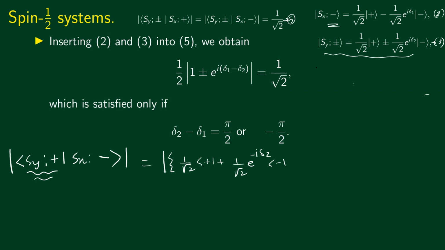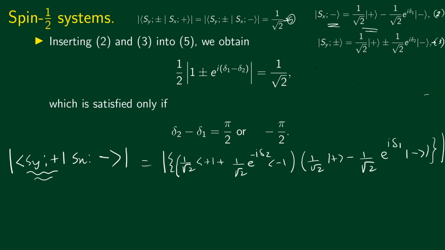I've just found the corresponding bra for ket Sy plus, multiplied by ket Sx minus, which is written here. This is 1 by root 2 ket plus minus 1 by root 2 e raised to i delta 1 ket minus. We need to take the modulus and we demand that this modulus is equal to 1 by square root of 2.